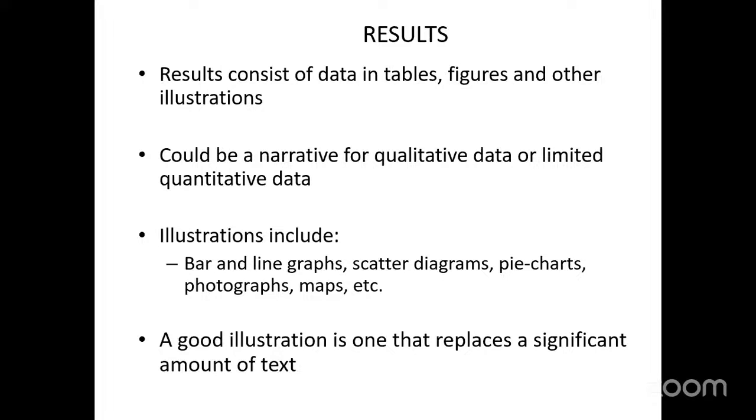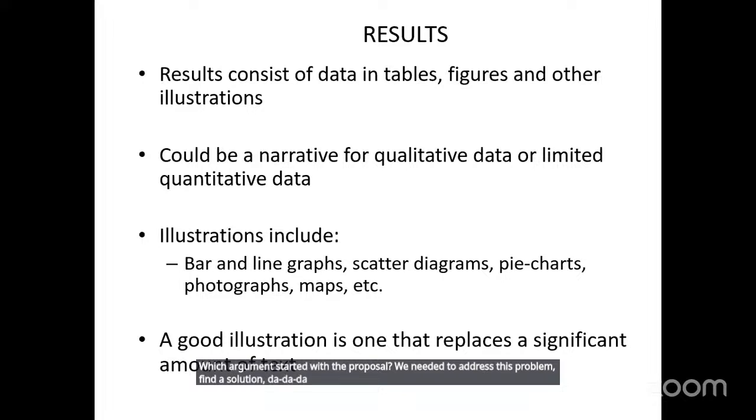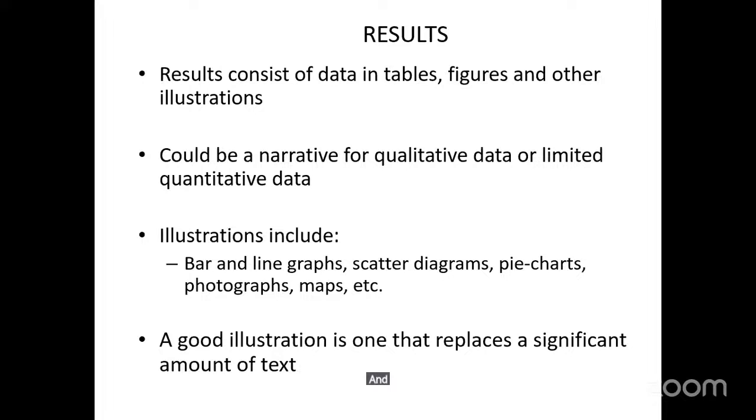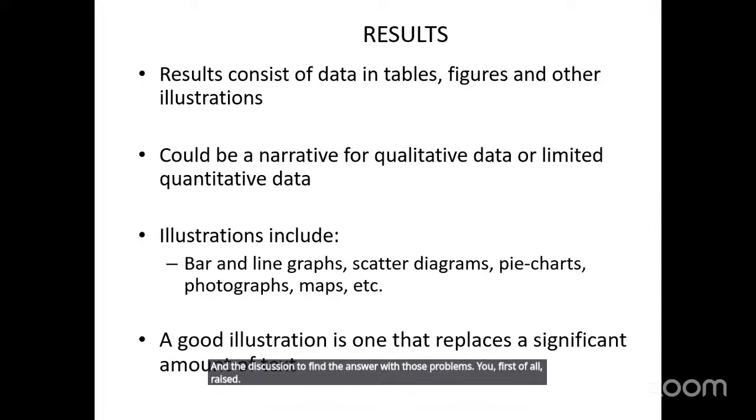You are not saying exactly what is in the table, but you are adding value to those numbers, but also using the numbers to give evidence, supportive evidence to your argument. Which argument started with the proposal? We need to address this problem, find a solution, and you are going through the results and discussion to find the answer to those problems you first of all raised in the proposal.